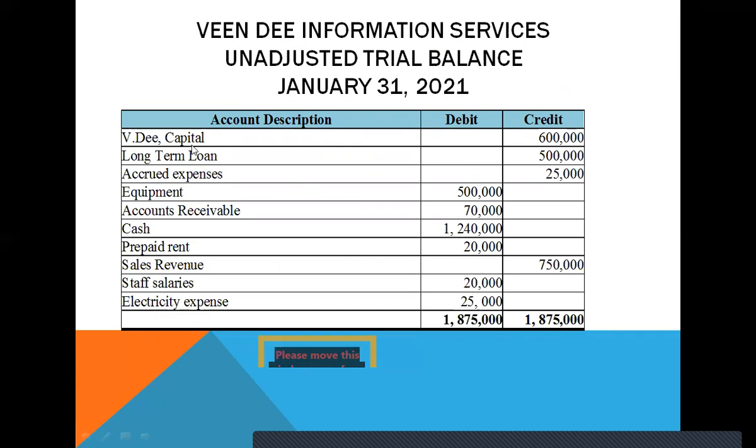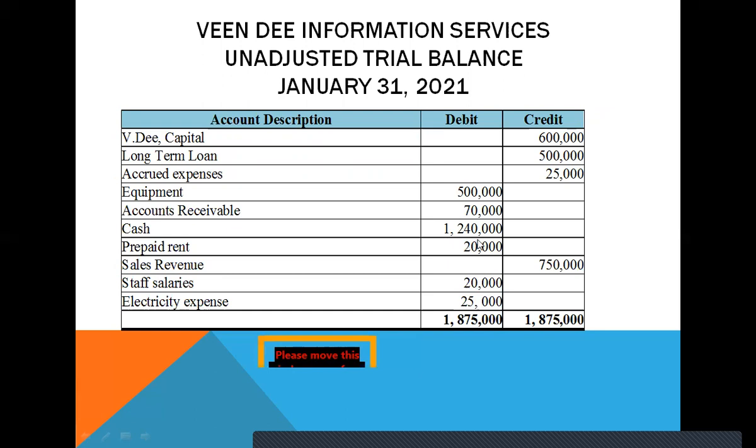Now, VEEN Capital, the balance of 600,000 pesos. Long-term loan, 500,000 pesos. Accrued expenses, 25,000 pesos. Equipment of 500,000 pesos. Accounts receivable balance, 70,000 pesos. Cash of 1,240,000 pesos.